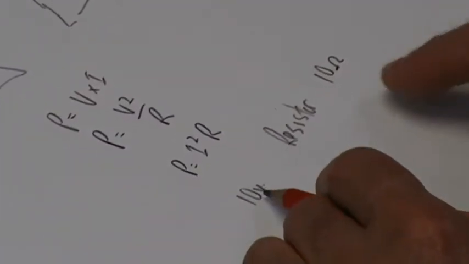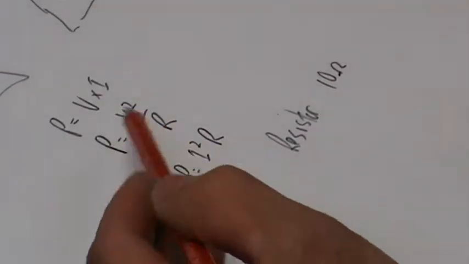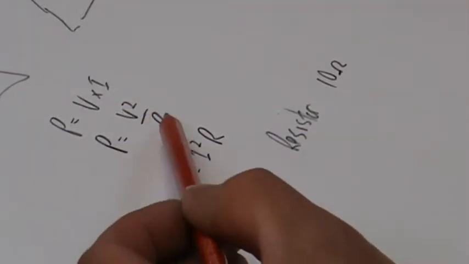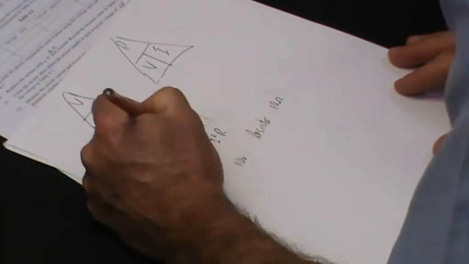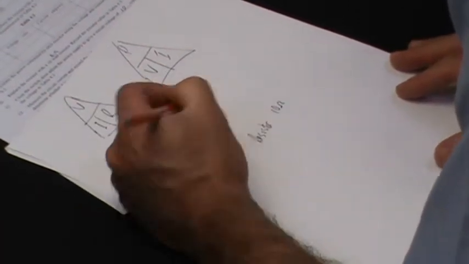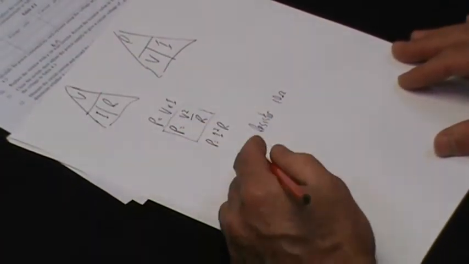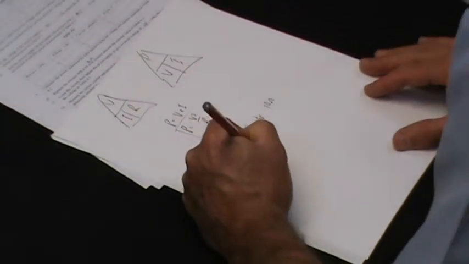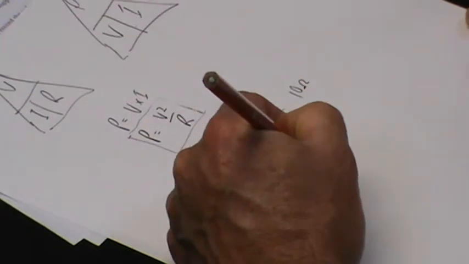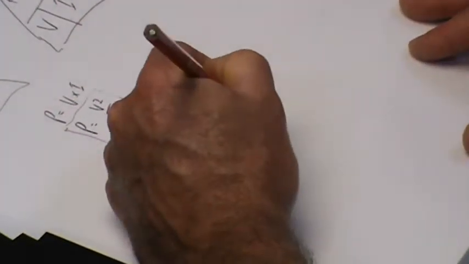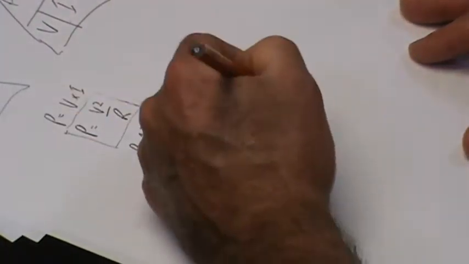Well, we've got voltage and we've got resistance, so this particular equation gives us power. This is on your formula sheets or equation data sheets that you'll be given. P is equal to V squared on R. So if I substitute that in, P is equal to 10 squared divided by 10 ohms, which is 100 divided by 10, equal to 10 watts.